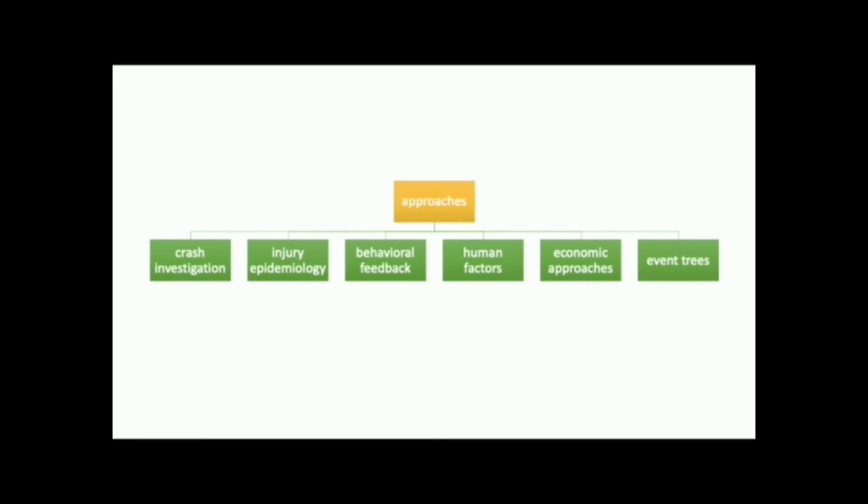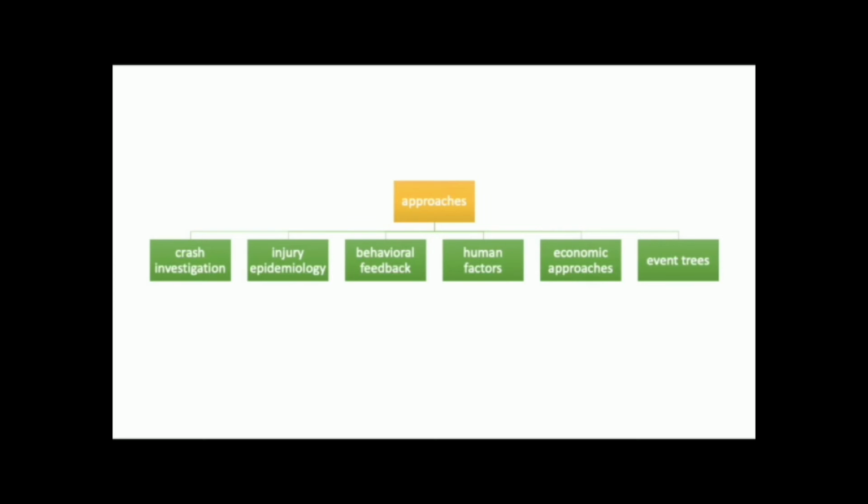A variety of approaches have been used to assess the frequency and mitigation possibilities. The most important is a statistical analysis to identify the frequency of events and conditions leading to injury or death.